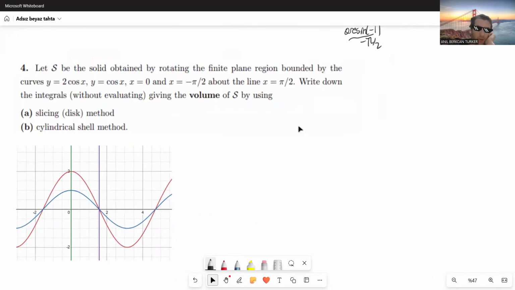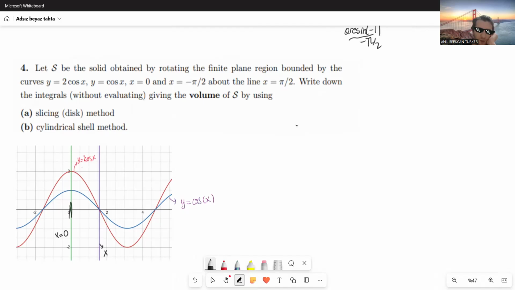Okay. Now, this above one, this red one, is y equals 2 cosine x. And this below one, blue one, is y equals cosine x. And this is x equals 0.